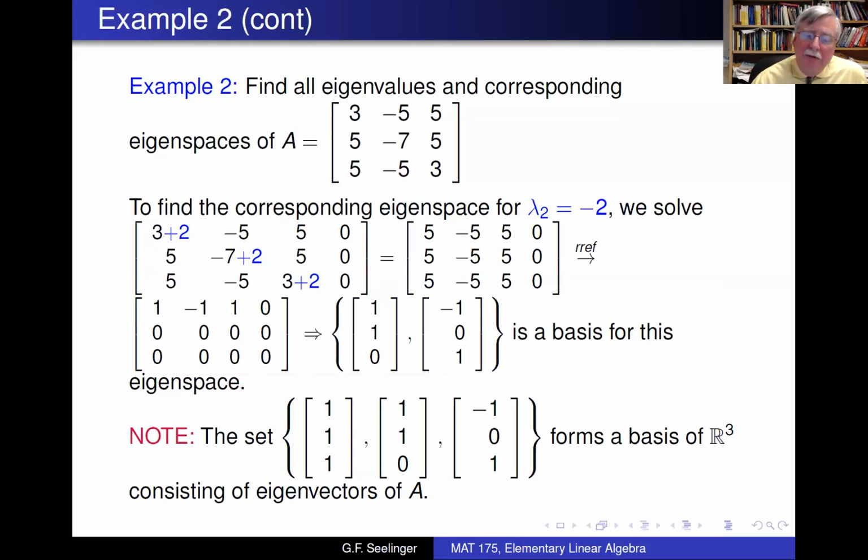Now theorem 2 doesn't apply here, but I can check that this set is linearly independent, so it's going to be a basis of R3. I can put it into a matrix and show that it's going to be invertible. This one has eigenvalue 1. These two both have eigenvalue -2. And so I still get a basis of R3, even though these both are associated with the eigenvalue -2.